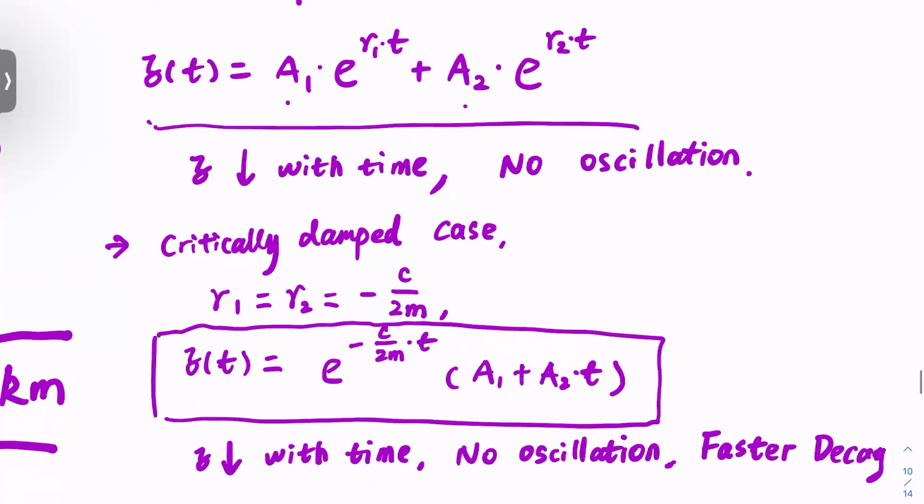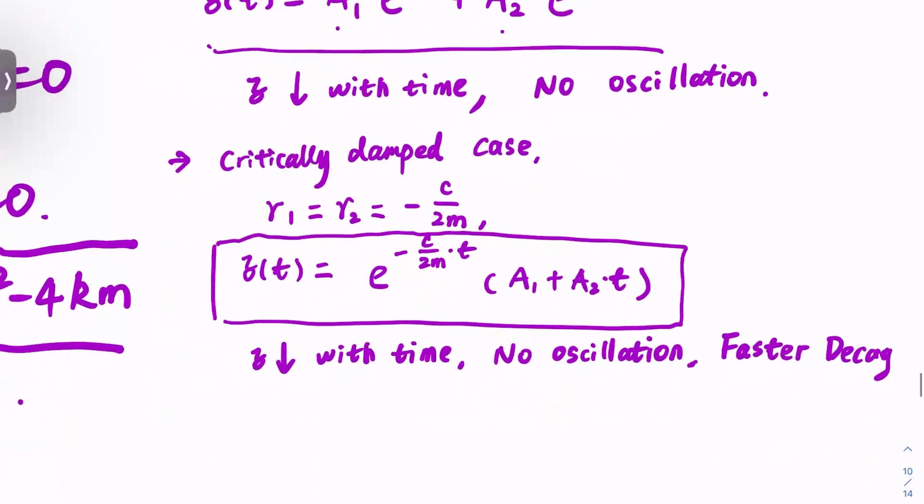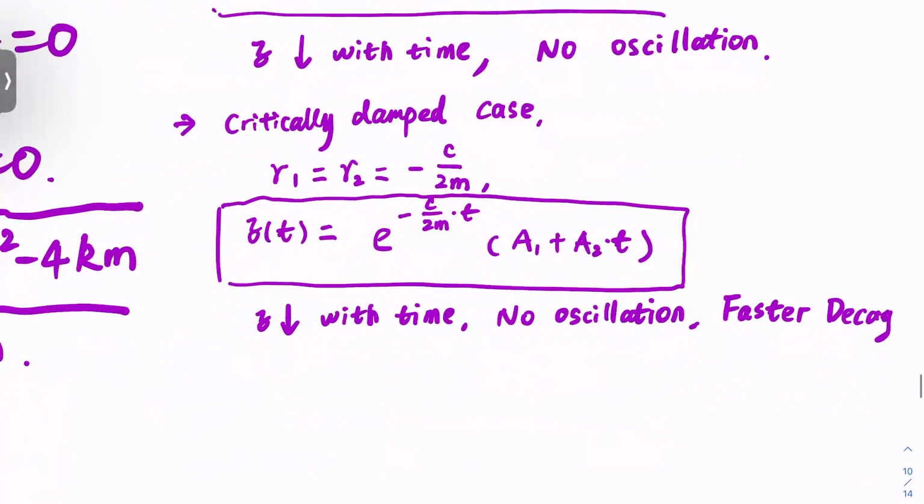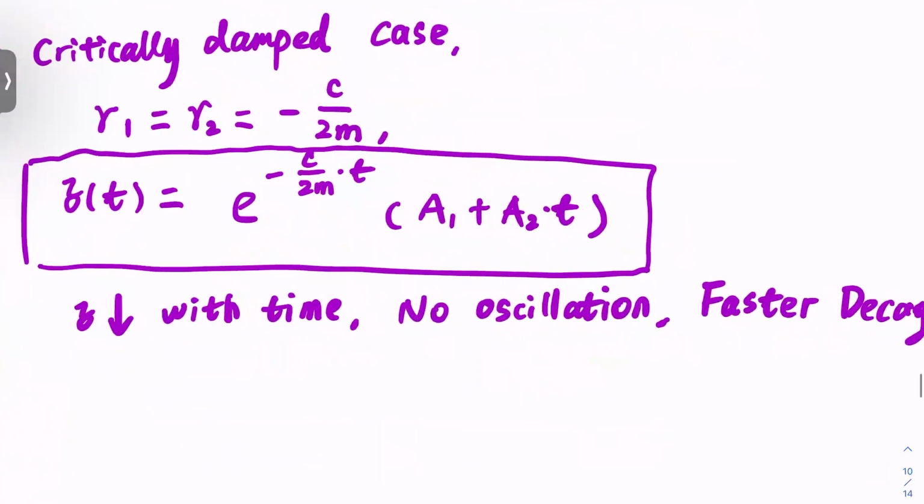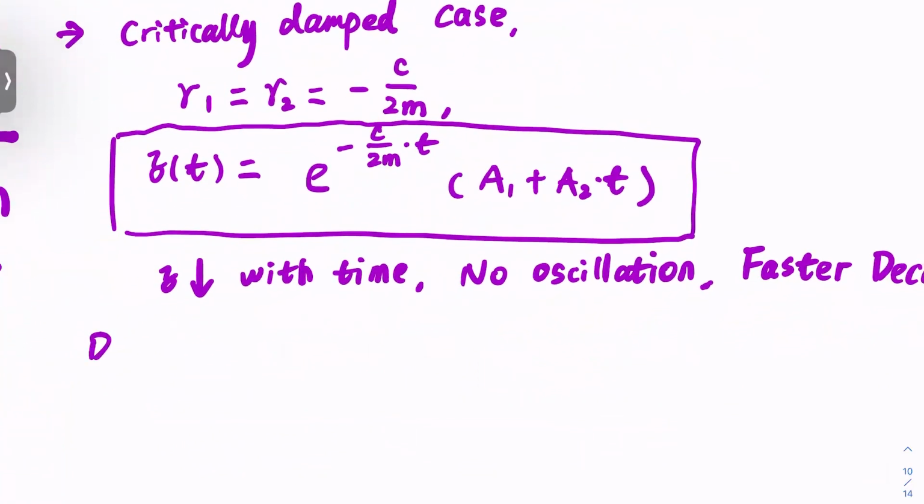Okay, so now I'm gonna have another definition that we're just gonna define something called a damping ratio. Damping ratio is a very important factor, and this is something that you absolutely have to know, the damping ratio.